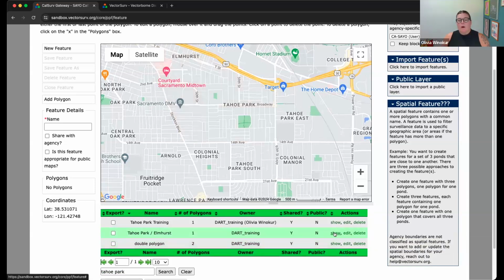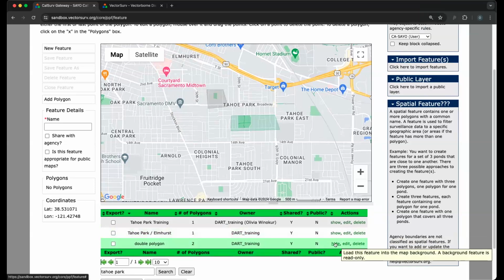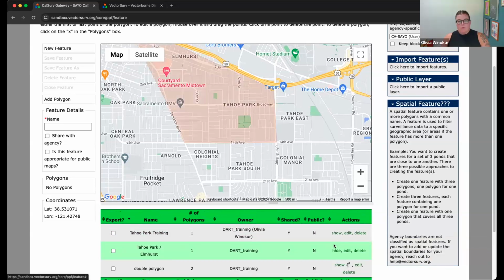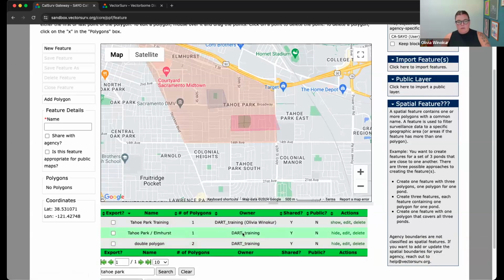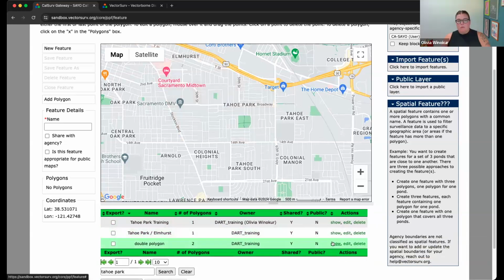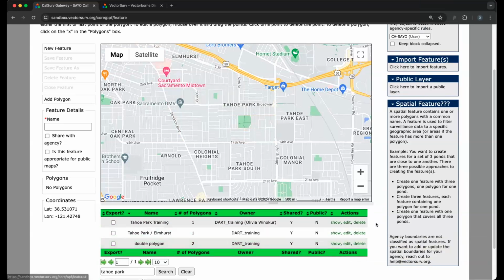The Tahoe Park does not have the other. Double polygon is just the double polygon, and the Tahoe Park is separate. So when I select these two features on the map, it'll show me three. Oh, sorry. Okay. Because it's showing this one and then these two as one. Okay. Does that make sense?